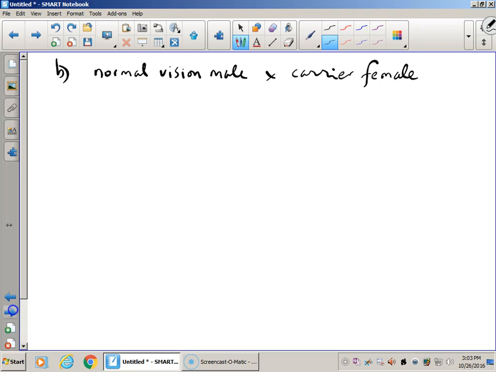This pattern should start to become familiar to you because we've seen this one before. This was the same as the hemophilia example, and the same as the Cyclops example with the fossils yesterday. Case 2. Normal vision. So X big B, Y. All right, run our Punnett square.